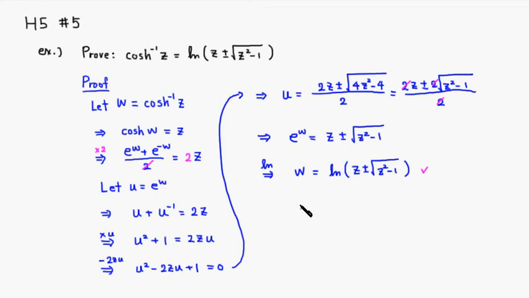So the arc hyperbolic cosine of z is equal to natural log of z plus or minus the square root of z squared minus 1. That's it. I hope that this was clear.